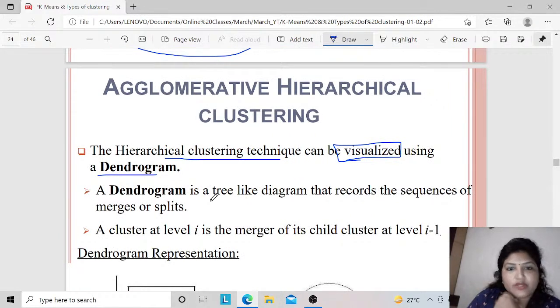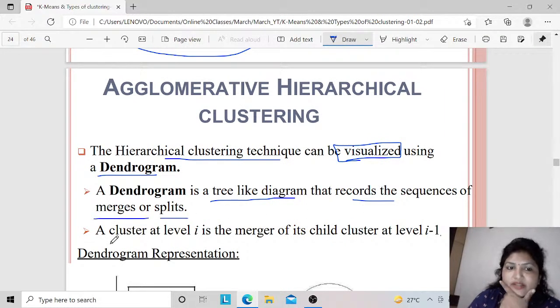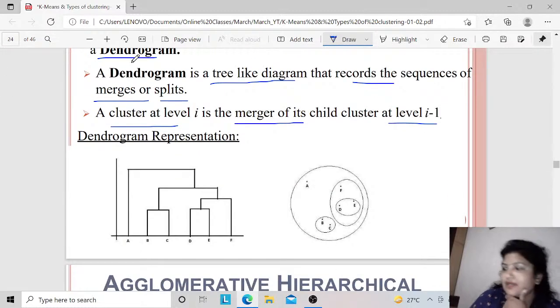It is a tree-like diagram that records the sequence of all merges or splits, right? A cluster at level i is the merger of its child clusters at level i minus 1. So this is how we make a dendrogram, right?